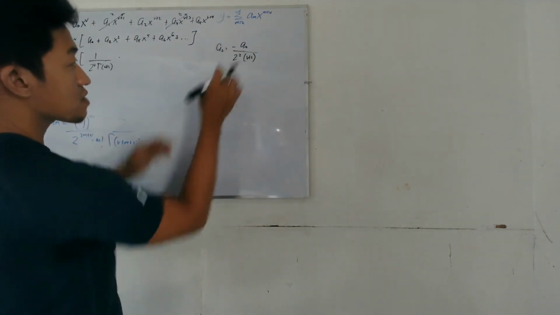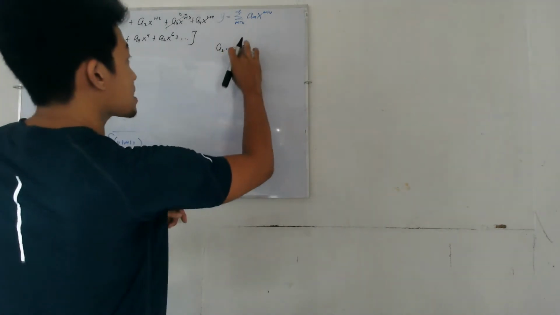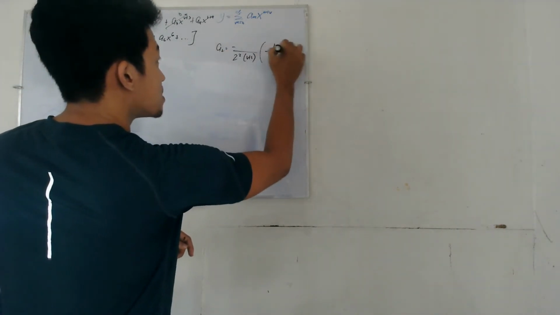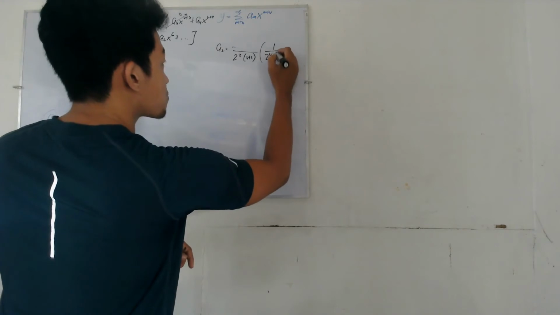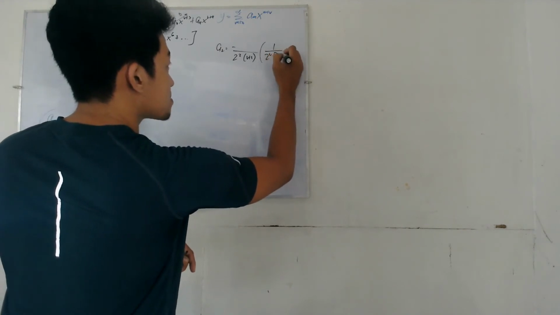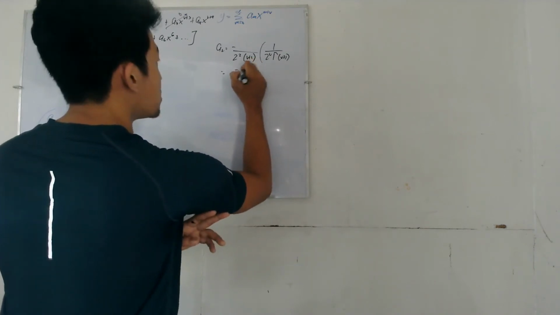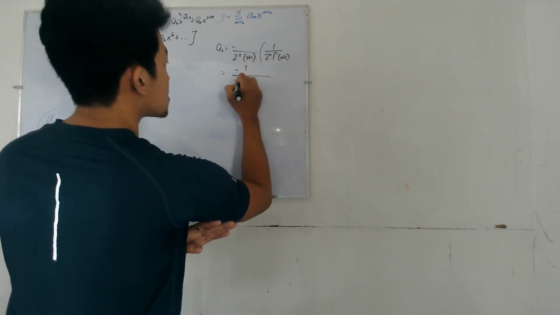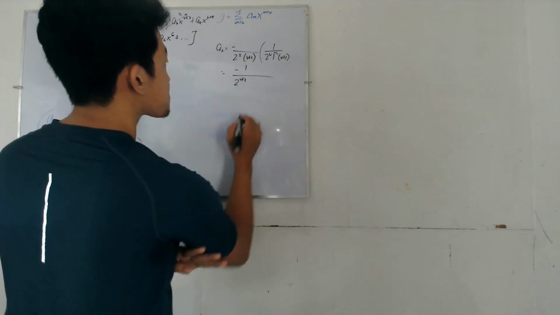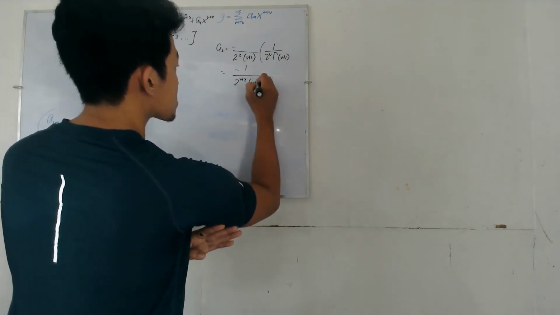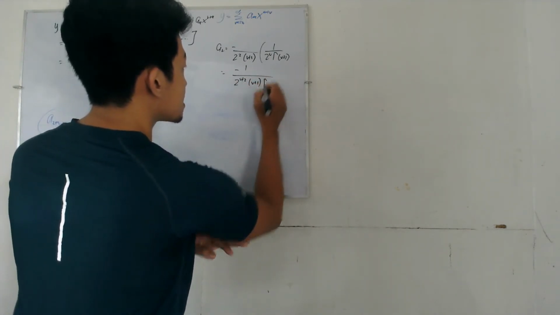At multiply atong plug in ang a0, diba ang a0 is 1 over 2^b gamma b plus 1. So this becomes negative 1 over b plus 2, b plus 1.